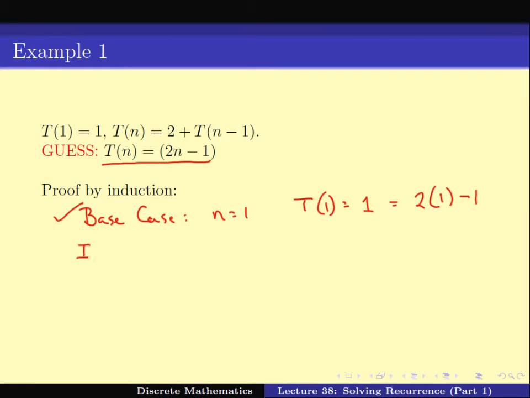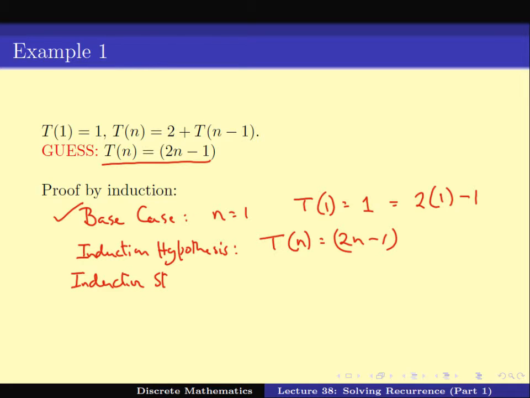And now we have the induction hypothesis, which says that for some n, tn equals 2n minus 1. In that case, the inductive step is to prove the same statement for t of n plus 1, which is 2 times n plus 1 minus 1, which is 2n plus 1.